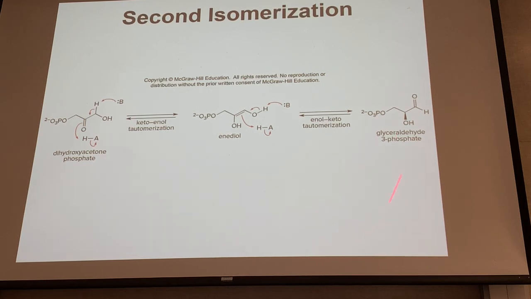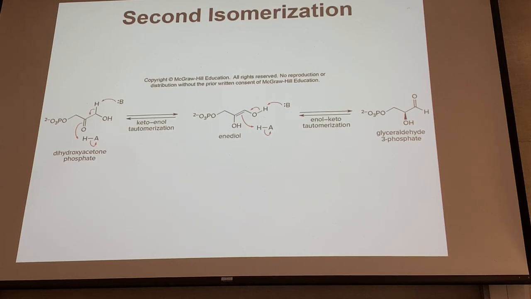Which of these 2 compounds is going to be more stable, a ketone or an aldehyde? A ketone. So if we were just relying on thermodynamics, this pathway would be in the direction of the dihydroxyacetone phosphate. But we need it to be the aldehyde. And so there's probably two reasons why we're getting the aldehyde in this case.